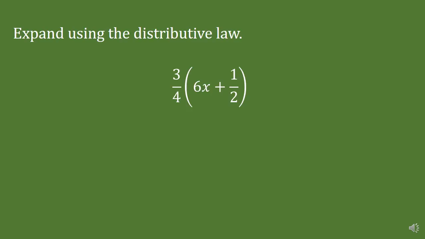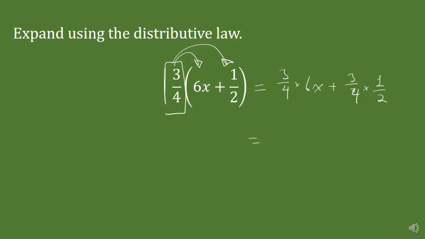And finally, you can use fractions as well. So there's no problem with distributing this fraction over this. And so that's 3/4 times 6x, and this is 3/4 times a half.